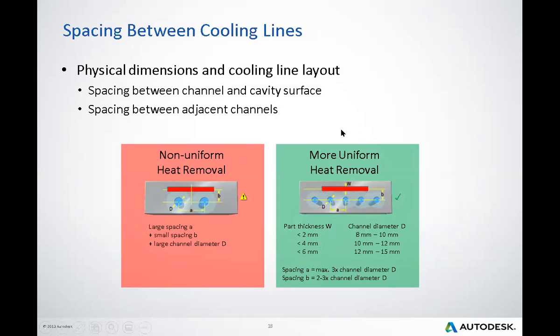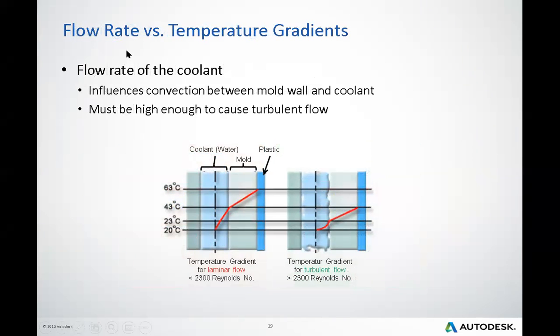Many factors affect the cooling system that we are going to design. If we use non-uniform heat removal, we get something not satisfactory, but more uniform heat removal is quite effective, though many factors have to be considered. And the flow rates as well.